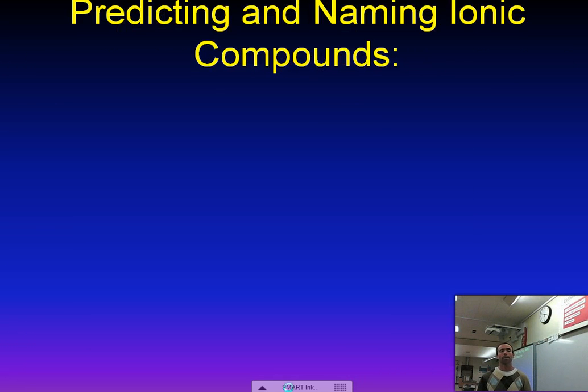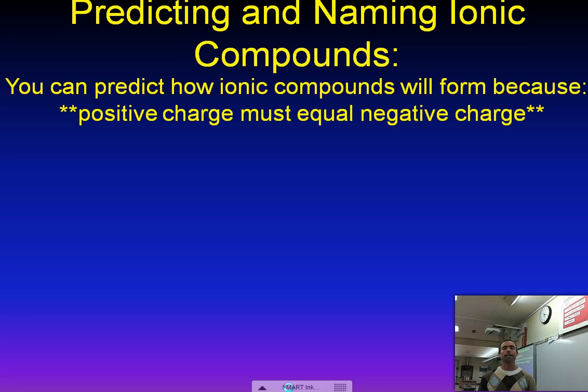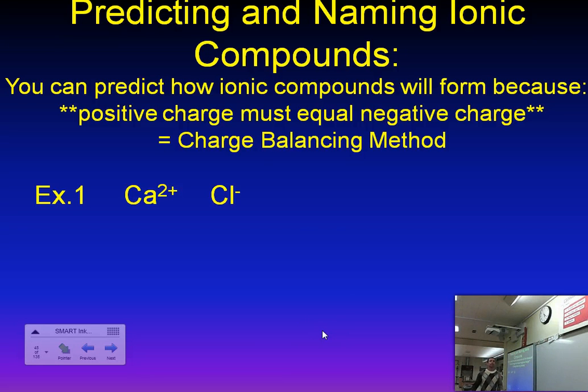Okay? And so when we think about it that way, and we remember that ionic compounds are electrically neutral, we can then predict what compounds would form between different ions using this thing called the charge balancing method, which is another way of saying the amount of positive charge equaling the amount of negative charge. Okay, so our first example, we have a calcium ion and a chlorine ion.